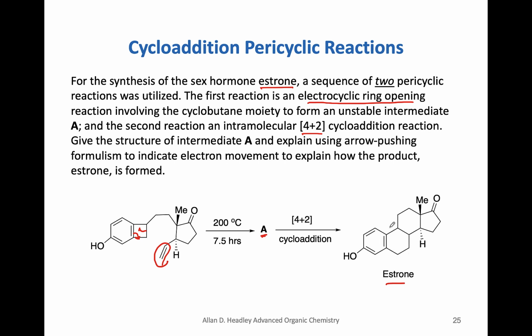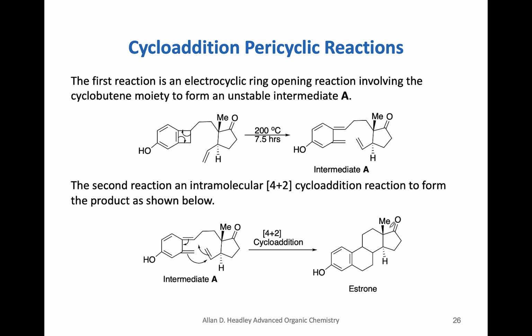So let's look at it step by step in terms of the reactions. So again, here is the ring opening for the electrocyclic reaction, and this is it. Okay, so that would be the intermediate. But notice again that this intermediate here, let's look at it down here, is set up to do a 4+2. So here's the 4 and the 2.